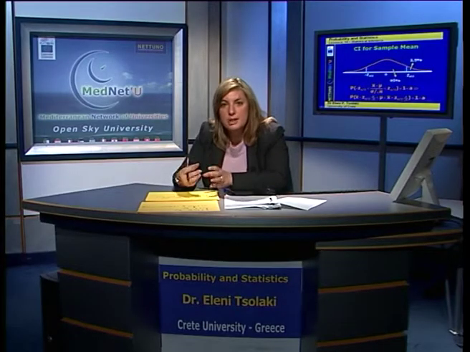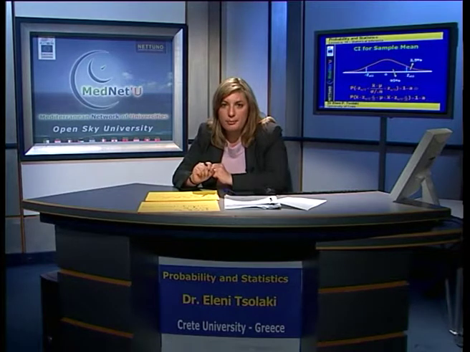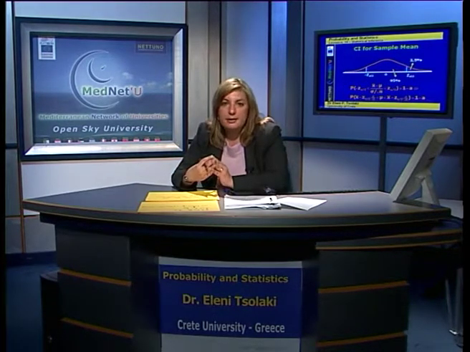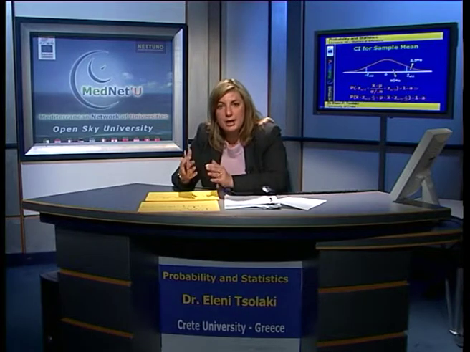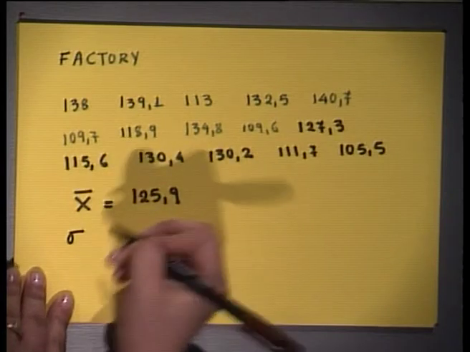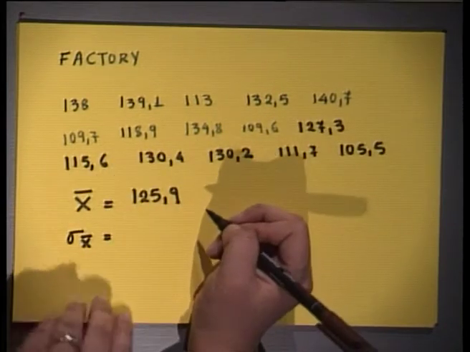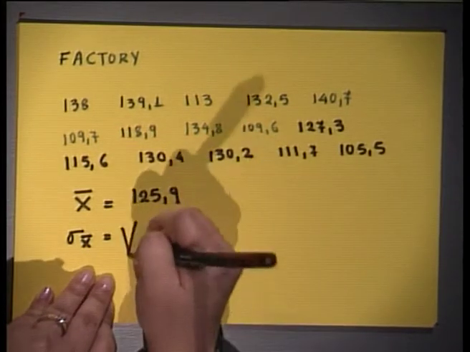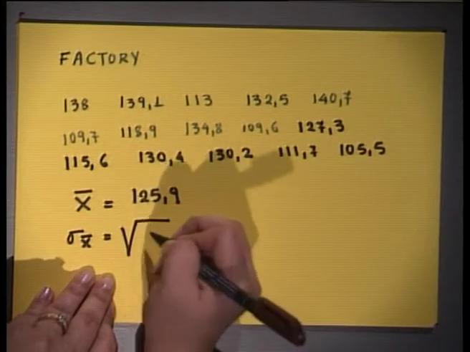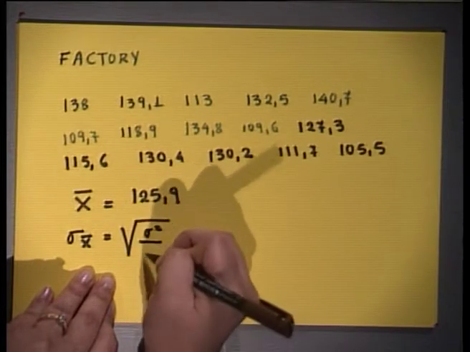Our question is, what is the standard deviation of the sample mean? Now we see how we can use the central limit theorem. The central limit theorem tells us that the standard deviation of the sample mean is actually the square root of sigma squared from the population over n.